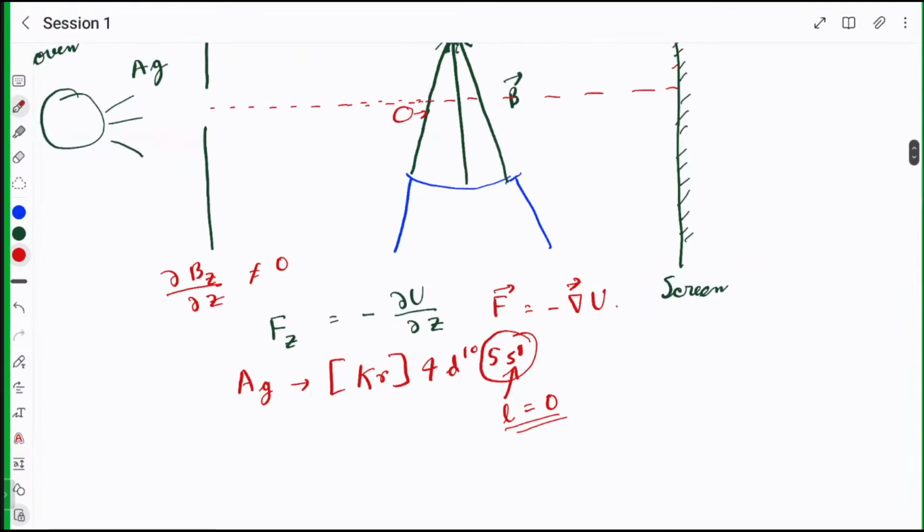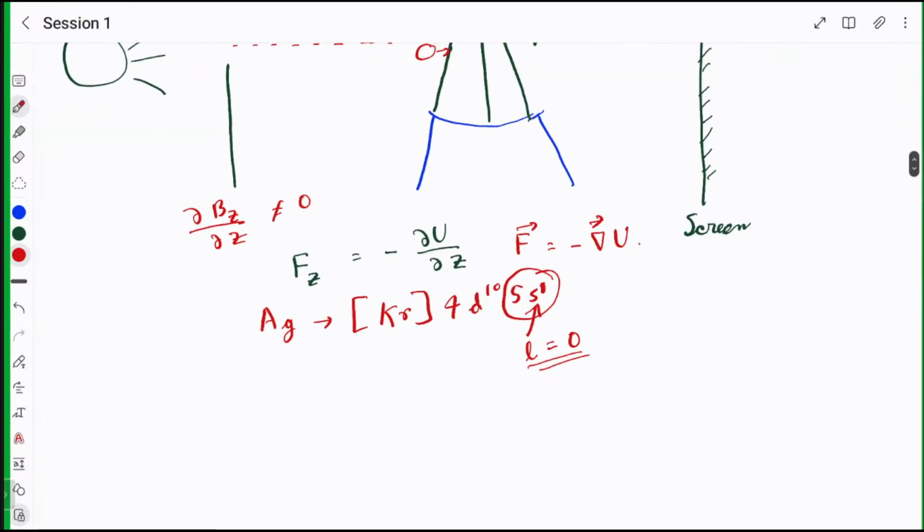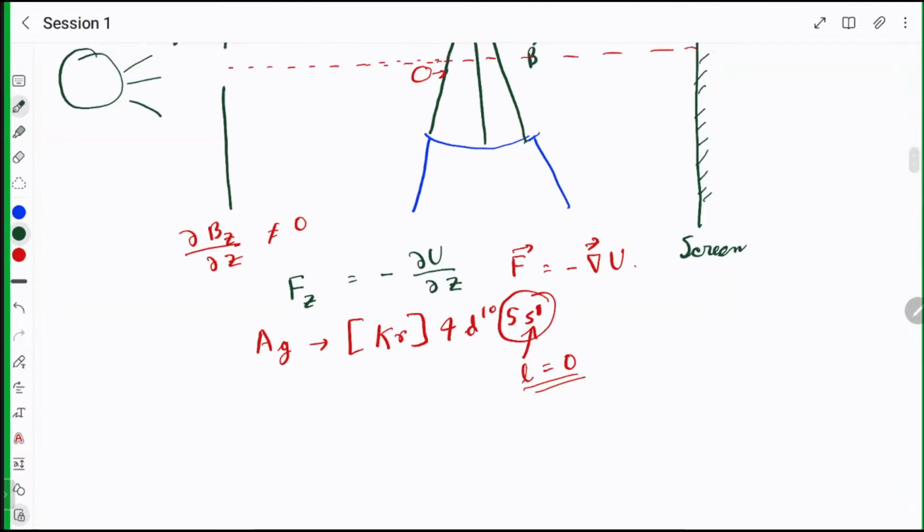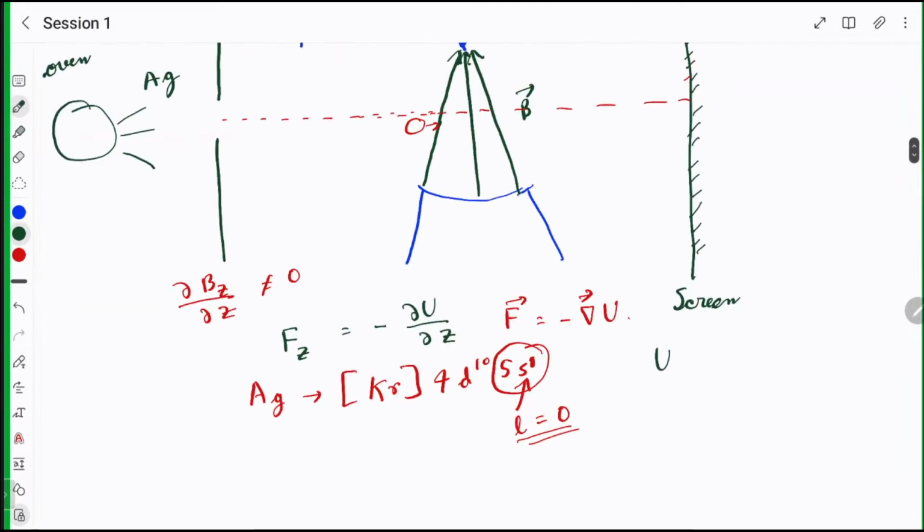And when a magnetic dipole or a magnetic moment is there in a magnetic field, then the potential energy is given by minus mu dot B. This is hopefully something we know from high school physics.